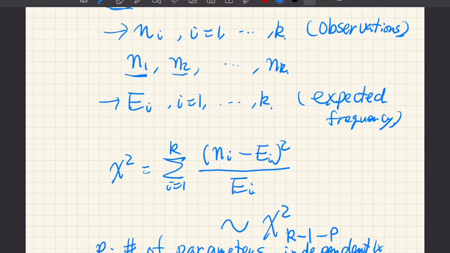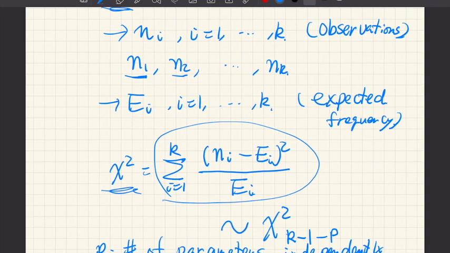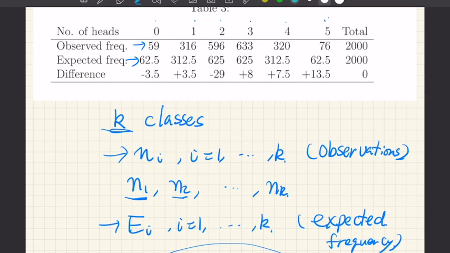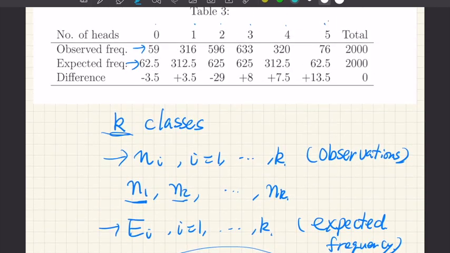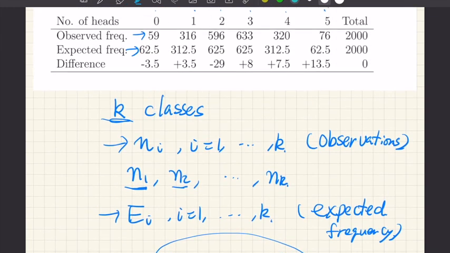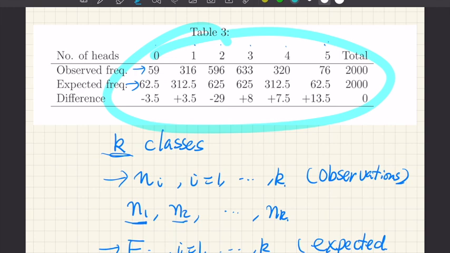So this quantity follows approximately a chi-square distribution, but the number of degrees of freedom may be a little bit strange. It cannot be just guessed from the number of classes, but we need to find adjustable parameters that can be independently estimated from the data. In this particular example, what is the value of p?